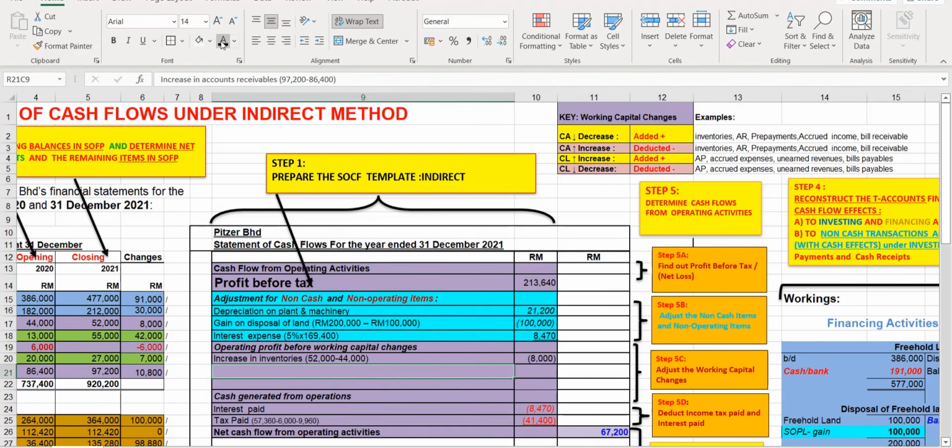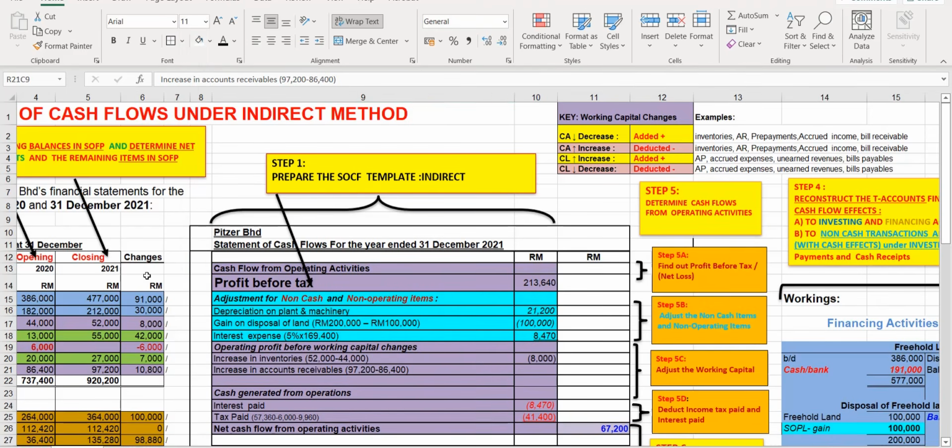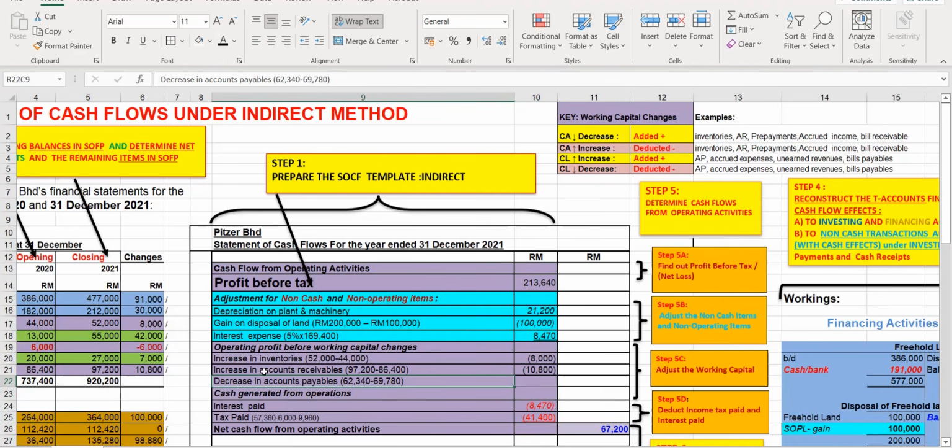Next, we move on to another item, accounts receivable. Earlier we have already investigated this one. The difference is 10,800. It's the same, which is an increase. So you can see the effect here, increase, you will deduct. So I deduct here. The next item is the decrease in accounts payable.